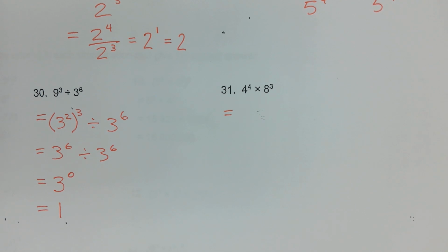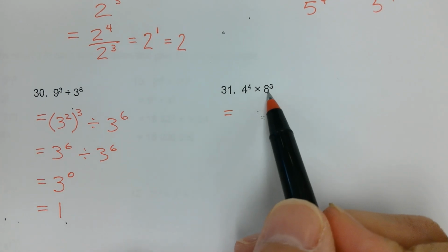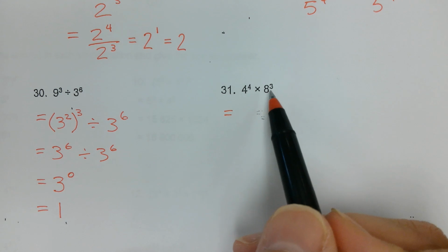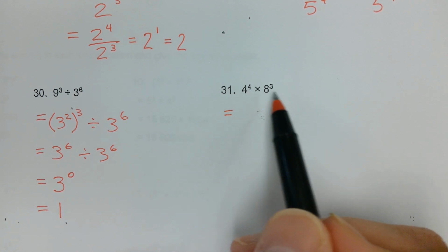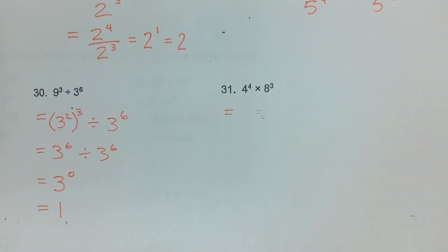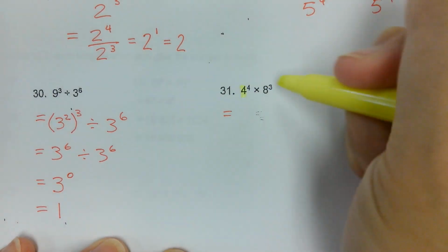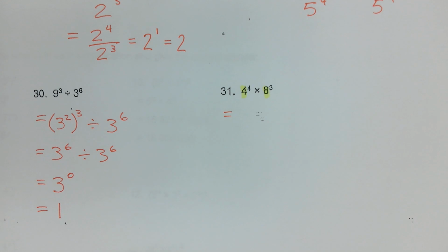Turn them both to the base 2. That's right. 8, you do not change it to 4 squared. 4 squared is not 8. 4 squared is 16. So they don't have the same base. So in this case, you actually have to change both.